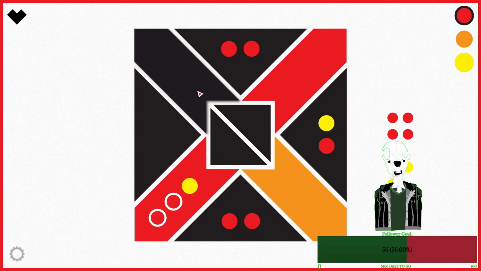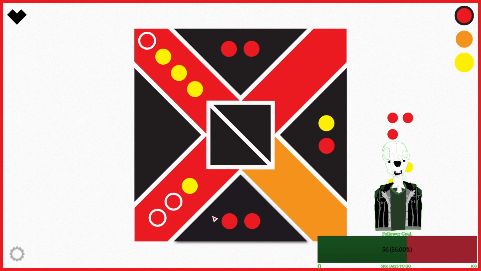Both of these have to be red. 1 red, 3 yellows. So if this is red, this is complete. These all have to be yellow. This could be red. This could be yellow.